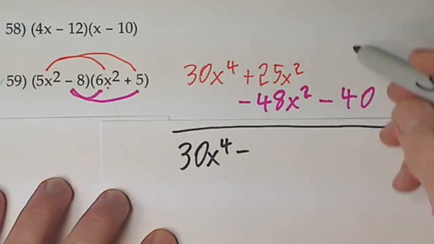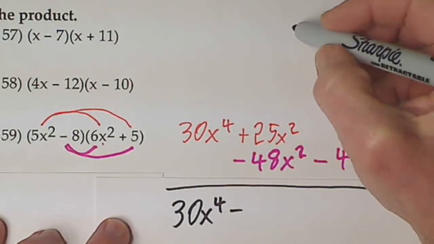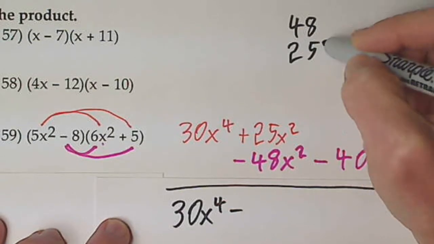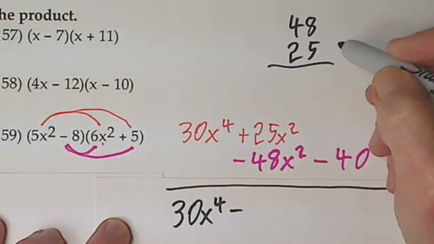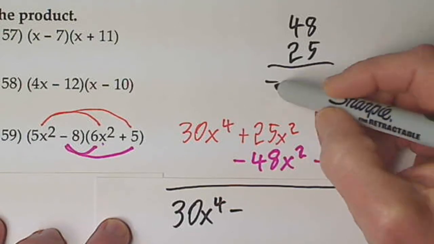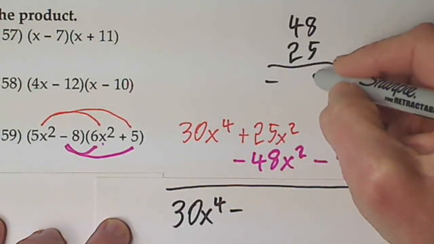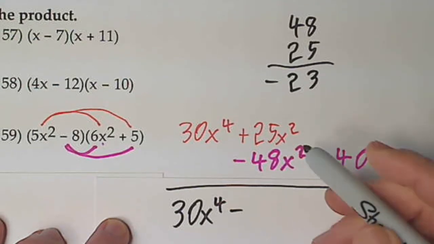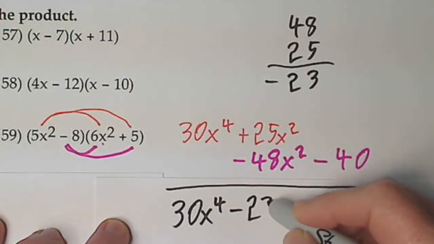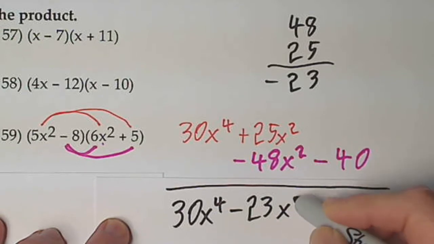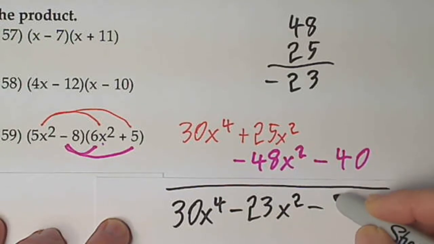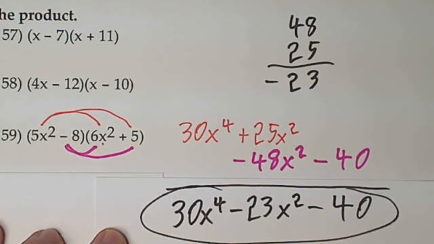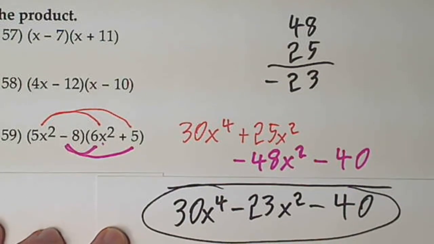I have 48 and 25. The signs are different, so I'm subtracting. I'm going to keep the sign of the larger. It's going to be a negative something. Negative 23. You keep your x squared, and then just minus 40. So this is the solution to number 59.